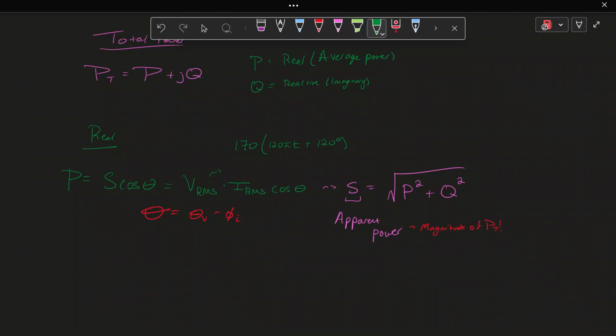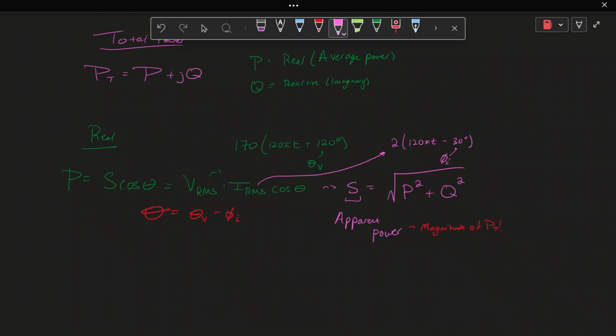It has a phase angle of 120 degrees. So this is your theta V. And let's say your current is, I don't know, 2, in the same frequency, but it has a negative phase angle of minus 30 degrees. So now this here is your theta I. So theta will then be 120 minus a negative 30, or 150 degrees.